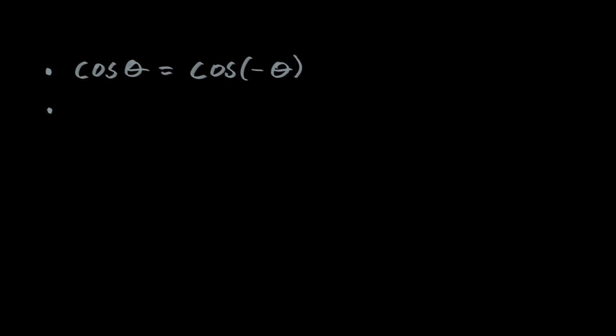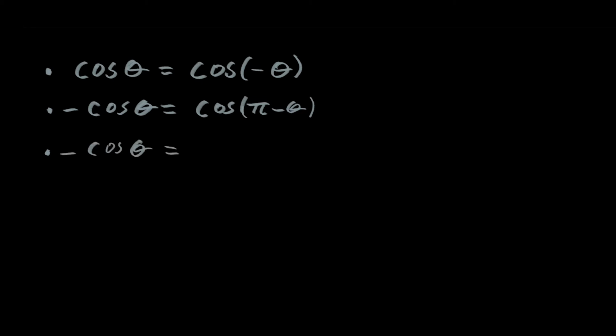The next one is that negative cosine of theta is equal to the cosine of pi minus theta. Negative cosine of theta is equal to the cosine of pi plus theta.